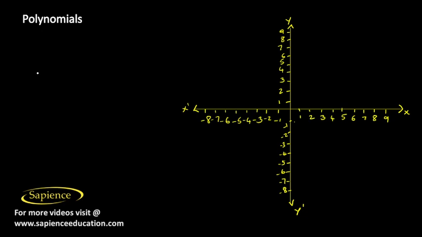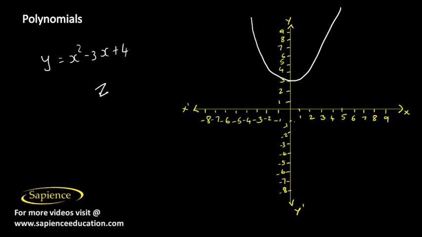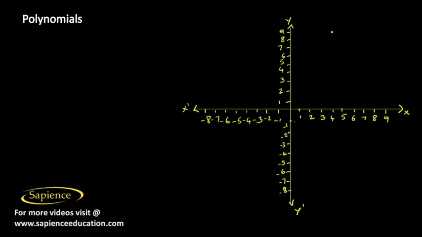A third example now, which is y equal to x square minus 3x plus 4. When we plot this graph, the graph will look like this. It will never touch the x-axis. So this will have no zero or no roots. Is it always necessary that the parabola is facing upwards?